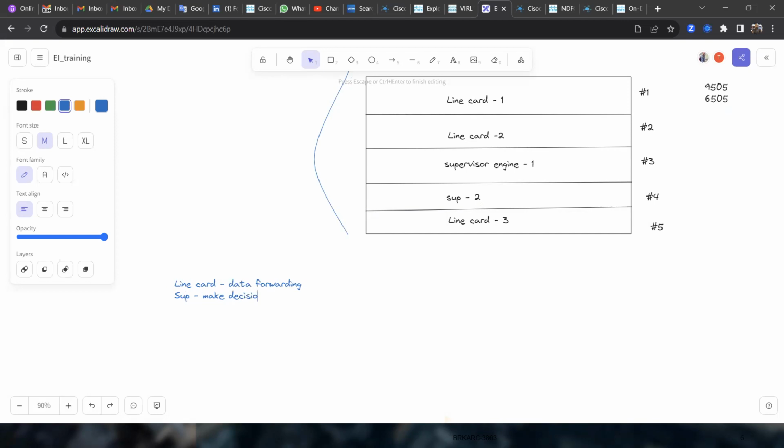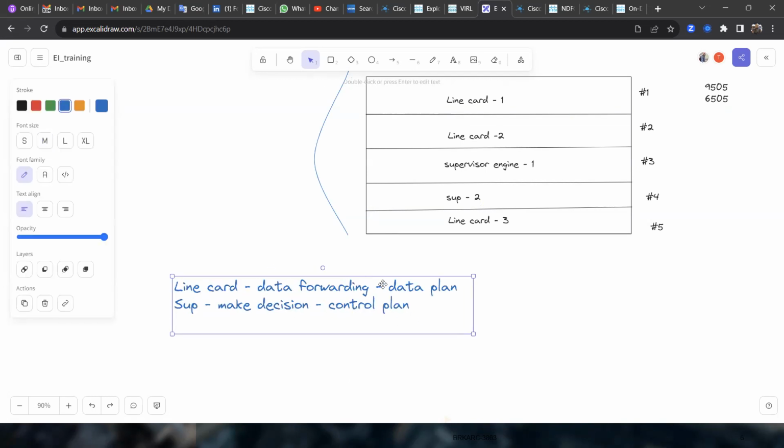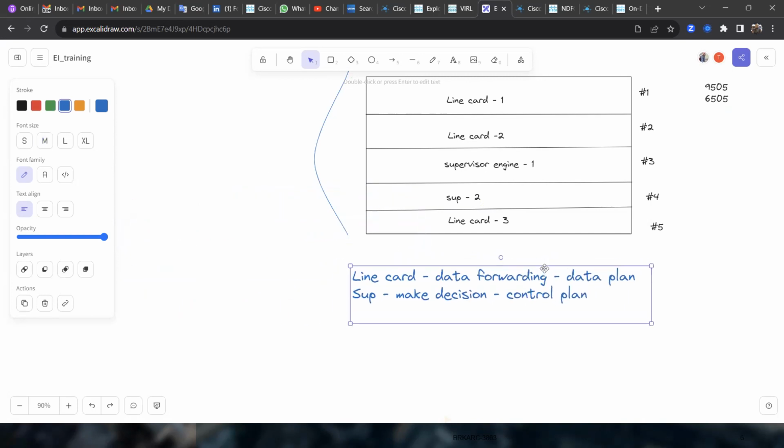That means the line cards that we have, if you think in terms of SDN, are working as the data plane. And since the supervisor engine has to take the decision, it is working as the control plane. So what does it mean in these switches?